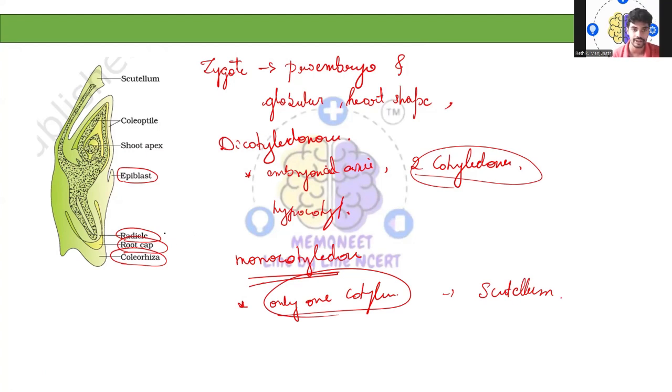The root cap will be enclosed in an undifferentiated sheath called the coleorhiza. Clear? As a result, you will also see a leaf-like structure here, which is called the coleoptile.